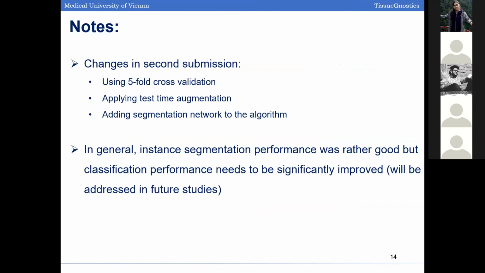In the second submission, I used 5-fold cross-validation. I also applied test time augmentation, and I added the segmentation network to the workflow, which I didn't have in the first submission. In the first submission, I just had a distance unit and a classification unit, but in the second submission, I also added the segmentation unit to the workflow.